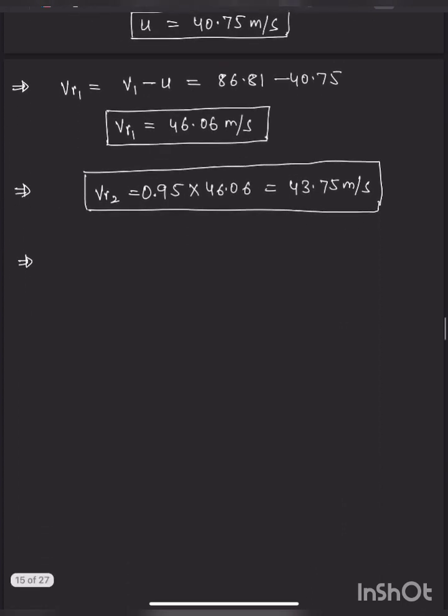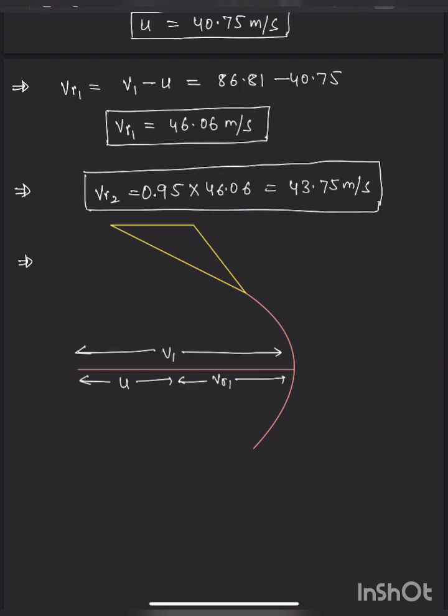Now we will make the velocity triangle. So suppose this is our semi-ellipsoid cup. So here we have made the velocity triangle for this Pelton turbine.